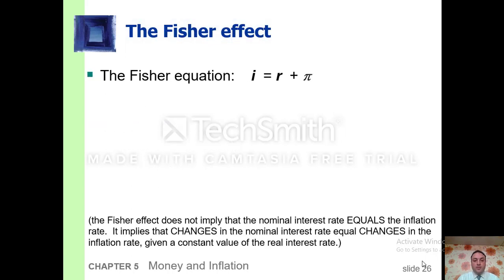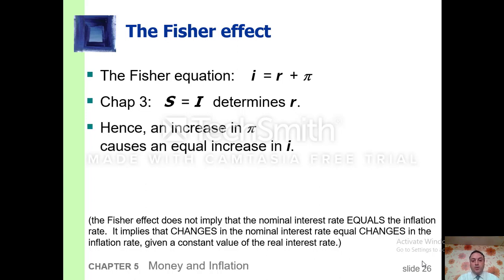That takes us to the Fisher effect, or the Fisher equation, that rearranges the equation of the real interest rate: the nominal interest rate should equal the real interest rate plus the inflation rate. As we know, the real interest rate is determined by the savings and the investments, as we see in chapter 3.